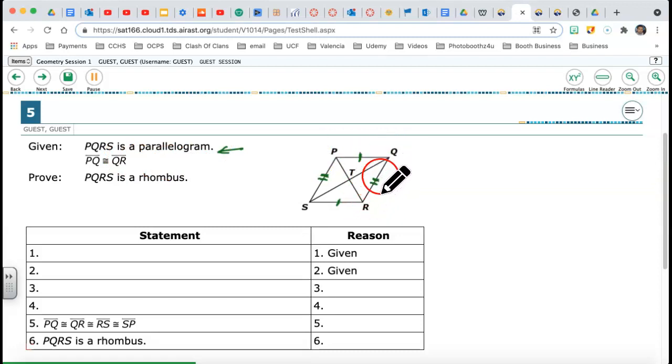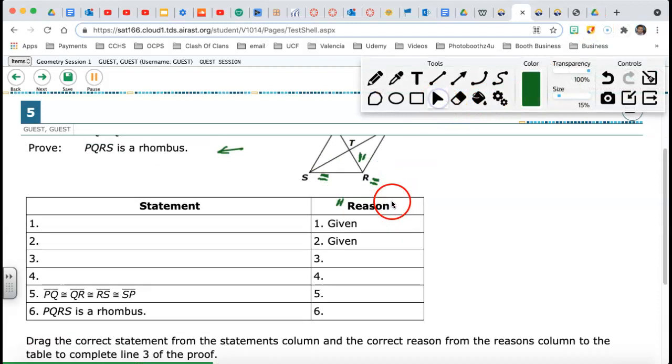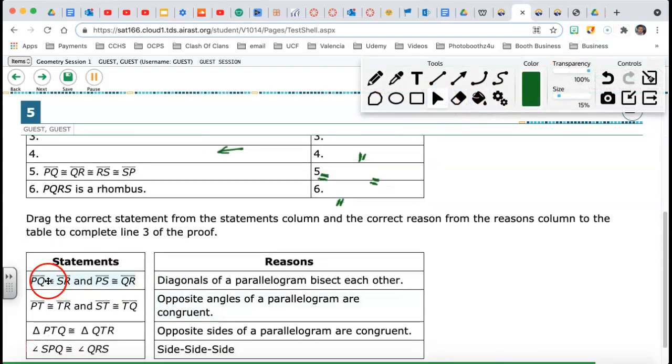So if this has 2 marks, then I'm going to put 2 marks here. Oh, but opposites, remember, are congruent as well, so this has two congruent marks. Now what do we have? Now all the sides are congruent. You see that? So what we just did was, when we had a parallelogram, opposite sides are congruent, that was the proof that we needed.